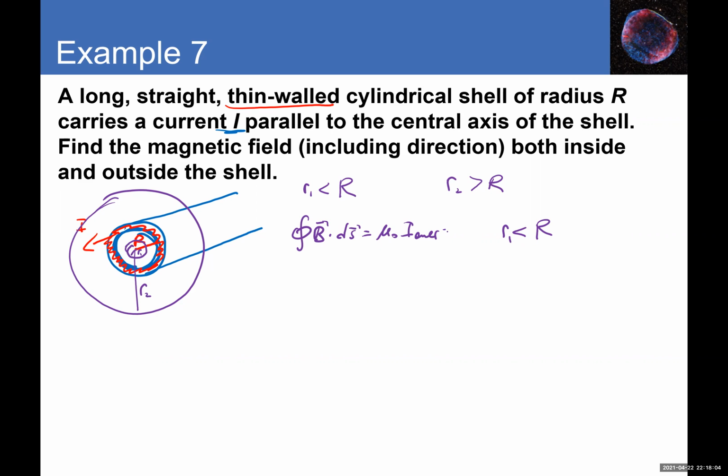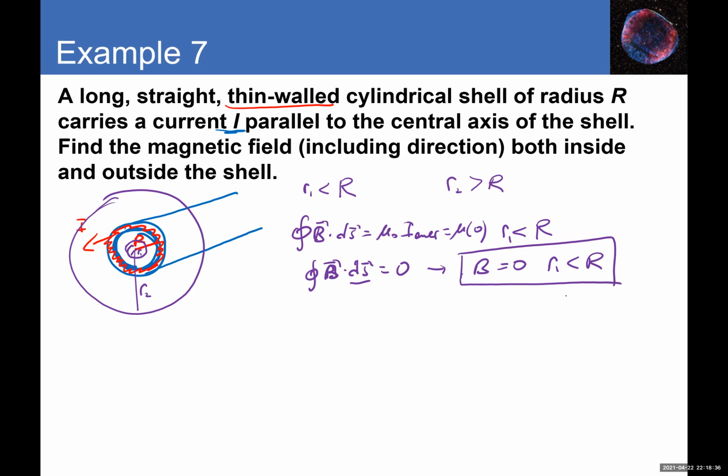So this equals mu naught times 0, which means the integral of B dot ds equals 0. This ds cannot be zero because I do have a loop, so this is zero only because the magnetic field is zero. That means the magnetic field for R1 less than the radius is zero. There is no magnetic field inside the shell.